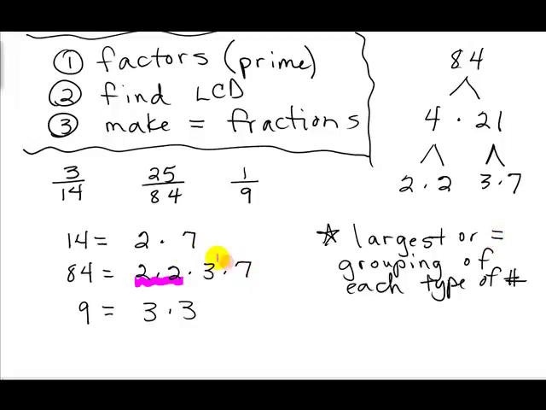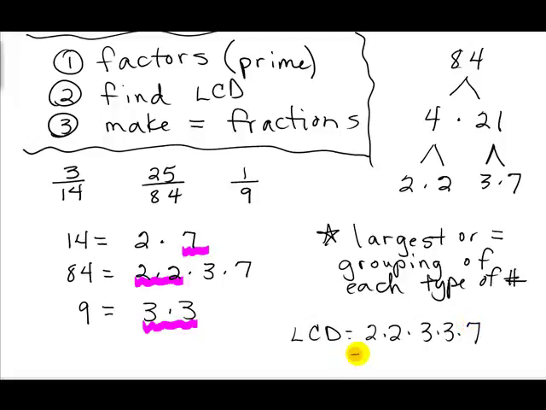It doesn't matter which 7 we pull. I'm going to pull that one. When I look at 3's, I have 1 and I have 2, so I have to pull both of those 3's. So what happens is then my LCD is 2 times 2 times 3 times 3 times 7.